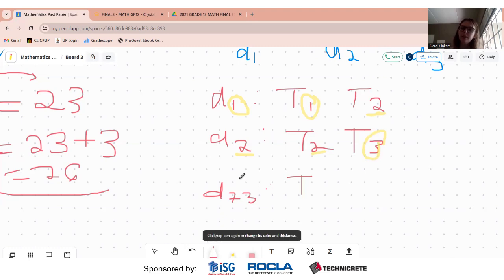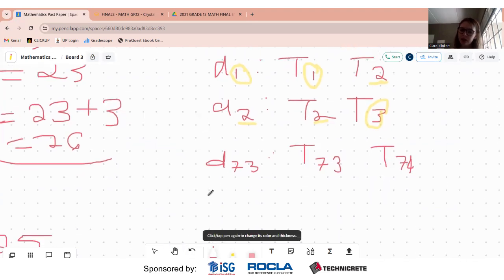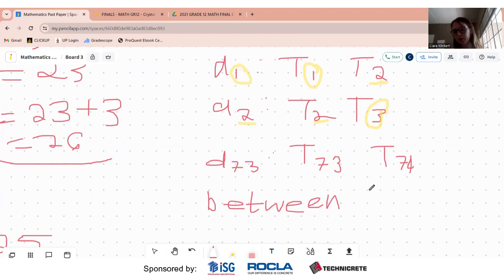So they asked us, between which two terms of the quadratic sequence will we have a first difference of negative 121? Do you agree? Because this difference is in the 73rd position, it must be between terms T73 and then I add one, T74 in the quadratic sequence. So as my final answer, I will say between the 73rd and the 74th positions.